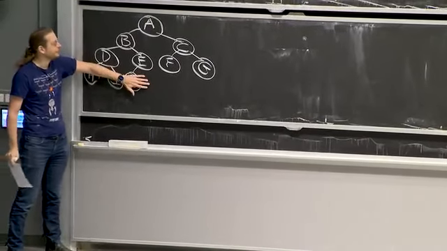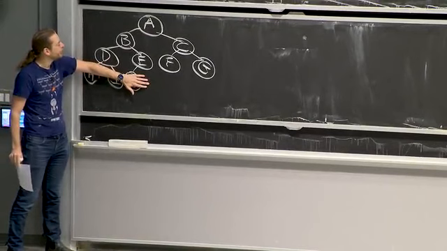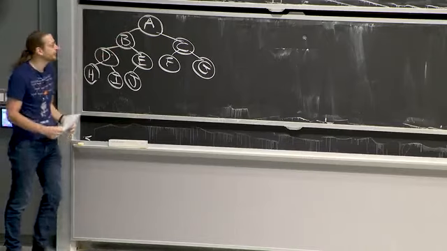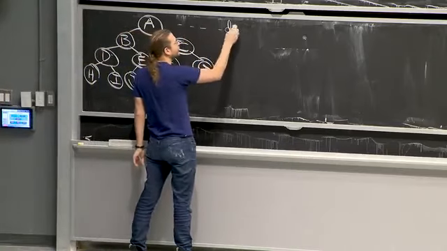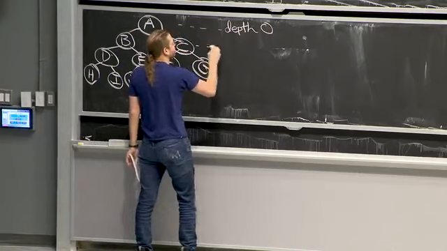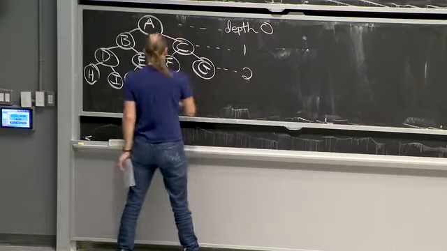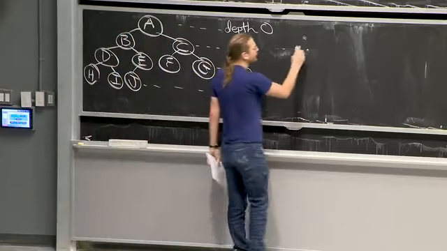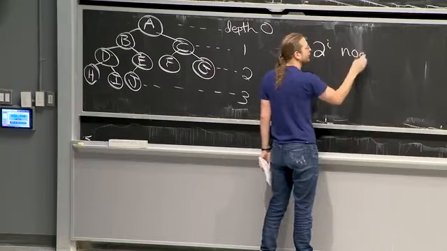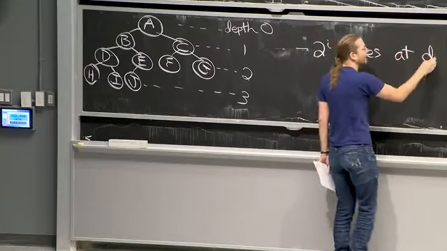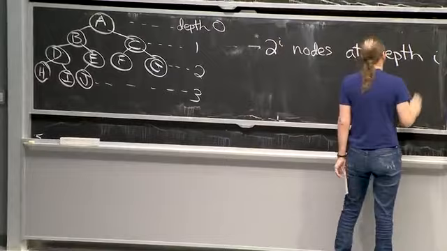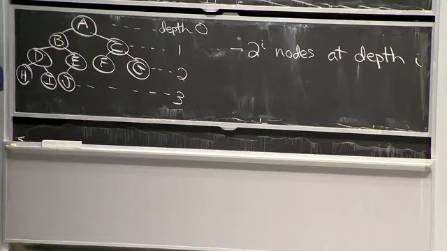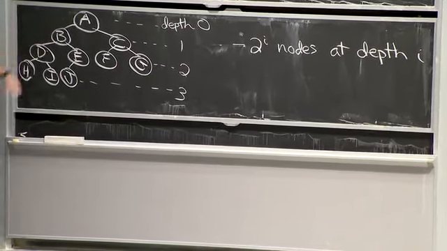Perfectly balanced would be like this, where what's the property? That I have all of these levels, all of these depths are completely filled with nodes. This is depth 0. Remember, this is depth 1. This is depth 2. This is depth 3. So what I'd really like is to have 2 to the i nodes at depth i. That would be a perfect binary tree. But that only works when n is 1 less than a power of 2, right?